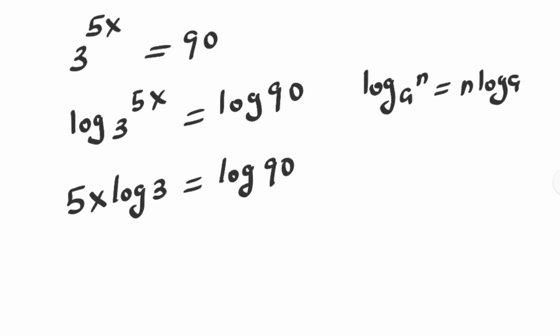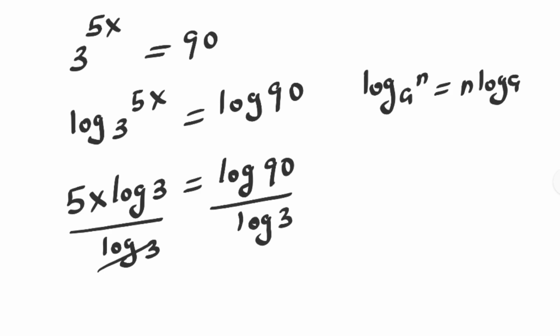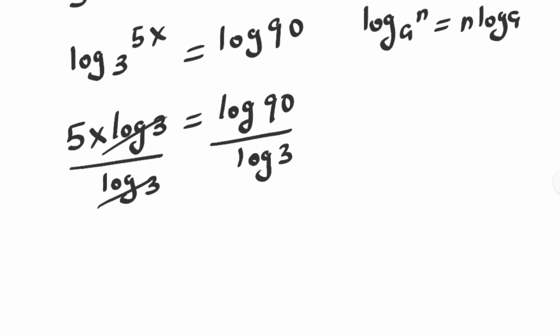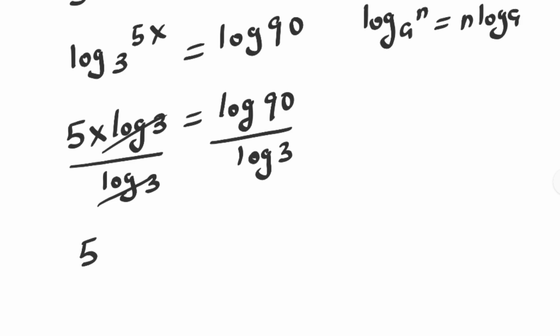Let us divide both sides of this equation by log 3. This divided by log 3 and this divided by log 3. Log 3 cancels log 3 here. 5x is equal to log 90 divided by log 3.